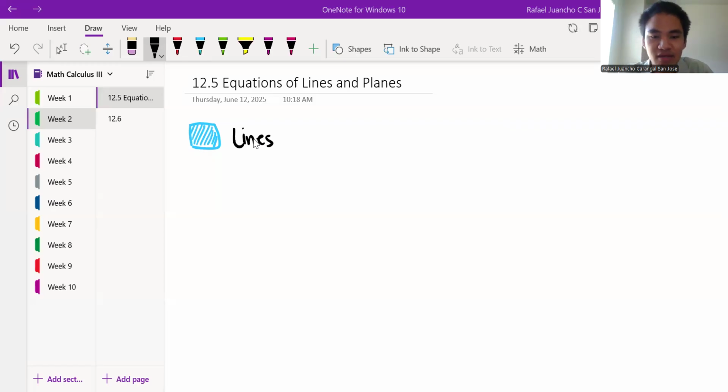A line in the xy plane is determined when a point on the line and the direction of the line, its slope or angle of inclination, are given.